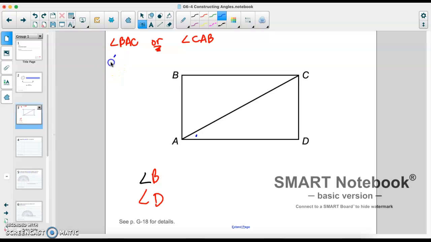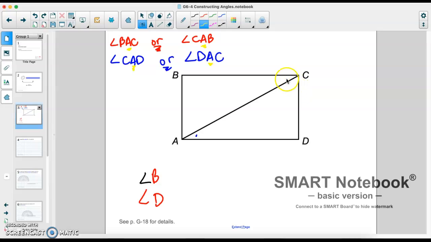Okay, I could say that that is angle CAD, or I could also say, and again, it's totally acceptable, angle DAC. What you have to understand is it's the middle letter that is the vertex that we're talking about. Always the middle letter. Okay, so I've named this angle both ways.